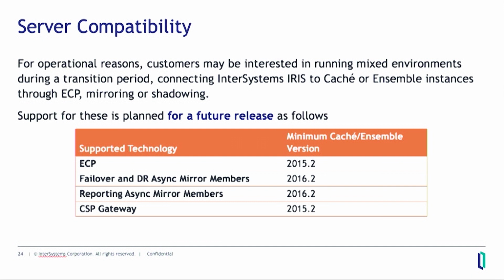So we looked at a certain set of technologies that we really would like to support. The core one that we need for this is ECP. So you can use ECP connections between Caché and Ensemble and InterSystems IRIS, which is your path to actually get to a sharding functionality in InterSystems IRIS. You just make an ECP connection there. I already mentioned the mirror configurations.